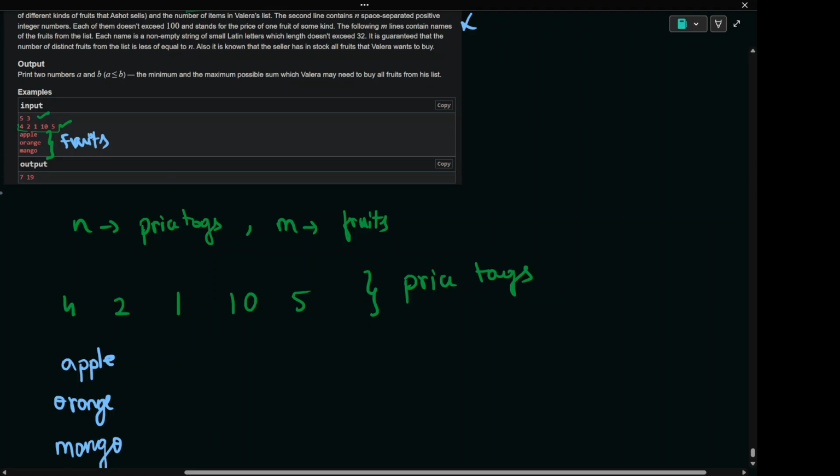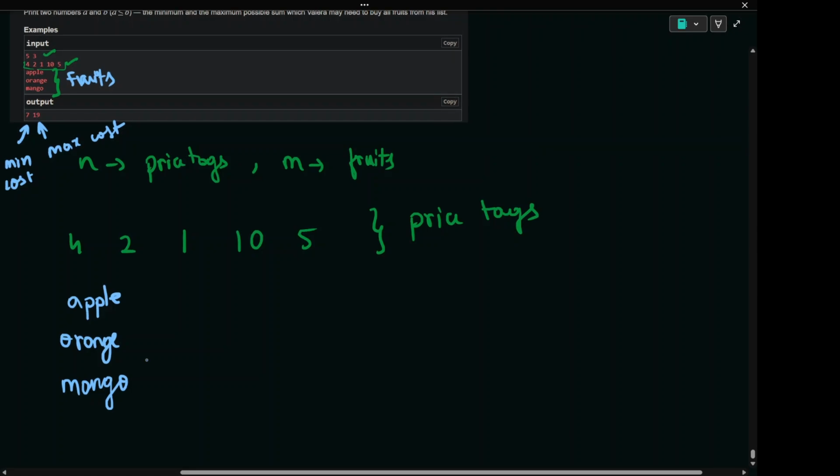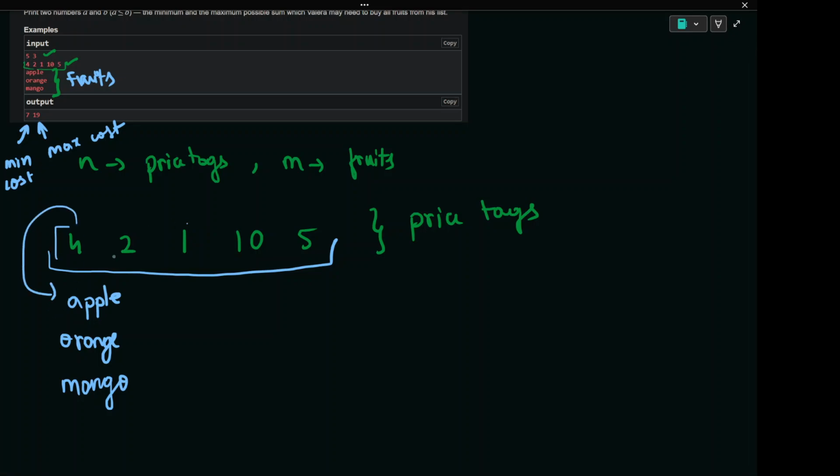Now he has to output the minimum cost and the maximum cost. So in this case, guys, what can be the minimum cost? Now we have the price tags. He can attach these price tags to the fruits in any order, right?